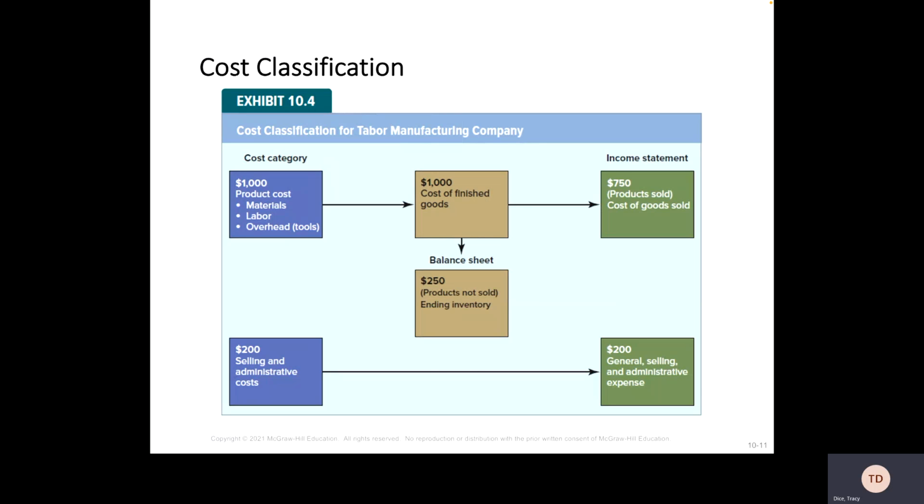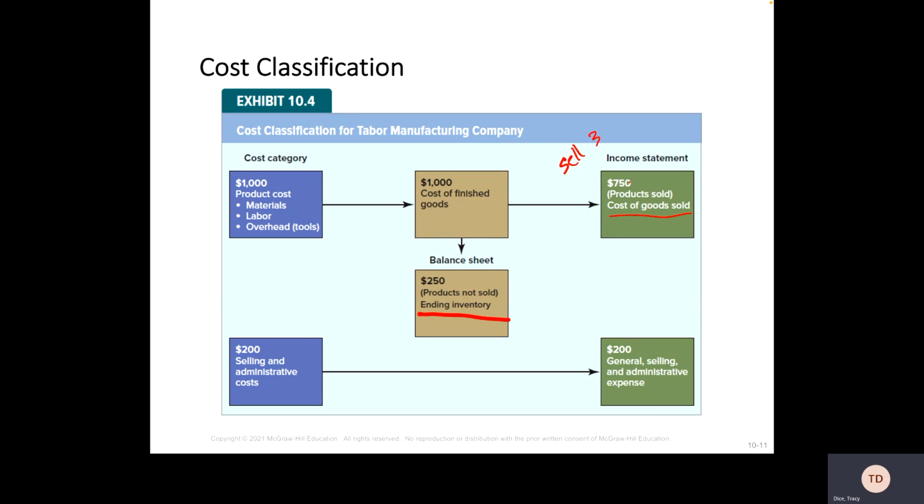And then if we sell $750 or so, sell 3 of them, we find that our income statement's going to have $750 worth of expenses under cost of goods sold. We've still got $250 in our ending inventory. And then when we finally sell that last table, that $250 will move to the income statement.